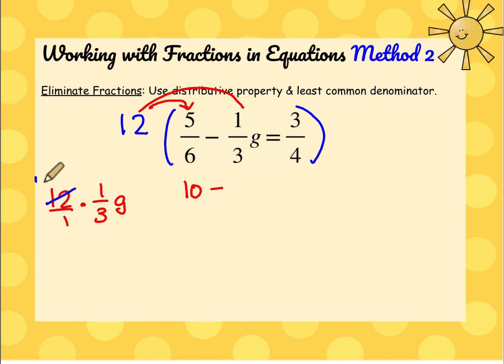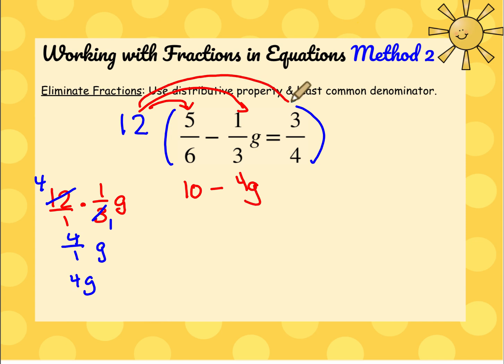So 12 divided by 3 is 4, and 3 divided by 3 is 1. 4 times 1 is 4, and 1 times 1 is 1, and 4 over 1 is 4. So that's going to give me, and I still have g, sorry, 4g. So this term, when I distribute it, becomes 10 minus 4g.